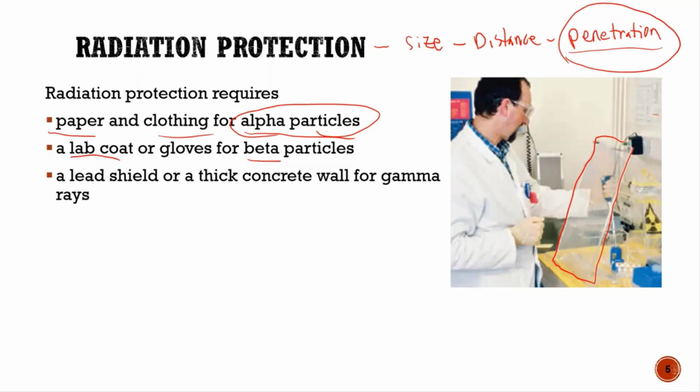Now, if you're talking gamma, remember gamma is just a photon of light, and it's extremely small. So for that, that's a little more serious. You need something like lead that's really dense, or thick concrete. When we discussed electromagnetic radiation, X-rays are right next to the gamma rays in that spectrum. They're not as small as gamma rays, so they don't travel as far, though they actually travel the same speed.